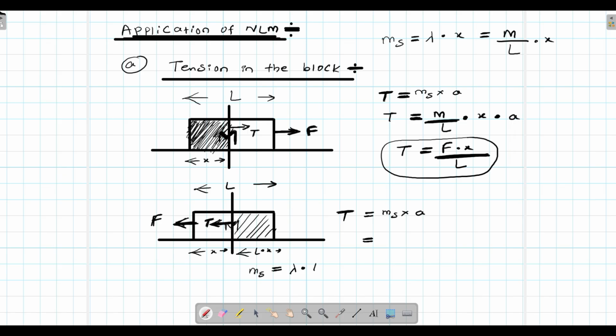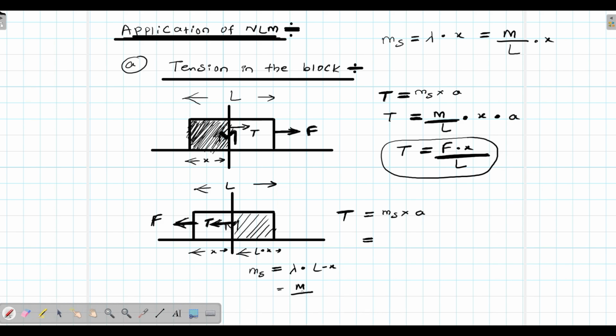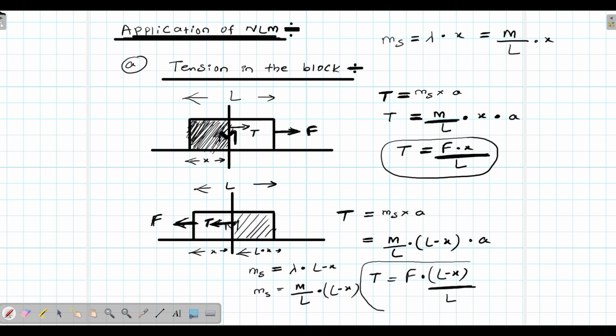So this is mass per unit length into L minus x, that is the mass of the shaded portion, into A. So tension equals mass into acceleration, that is F into L minus x divided by L. T equals F into L minus x divided by L, that is the tension.